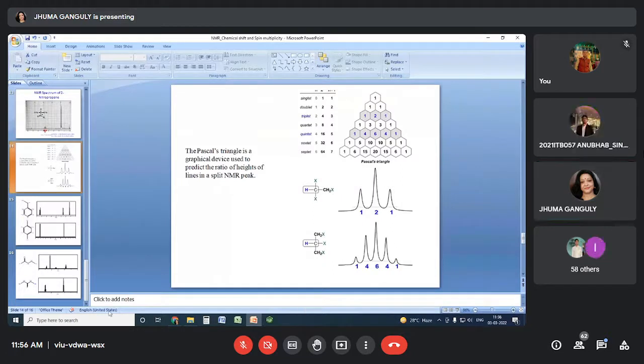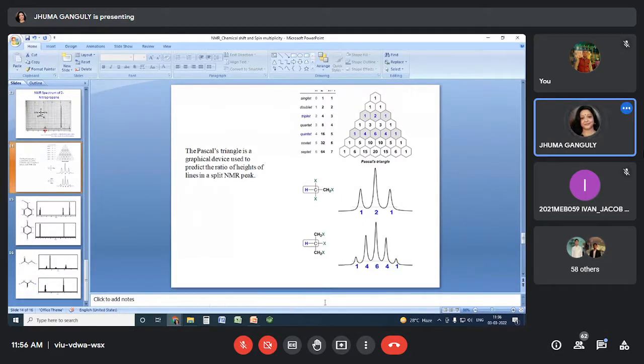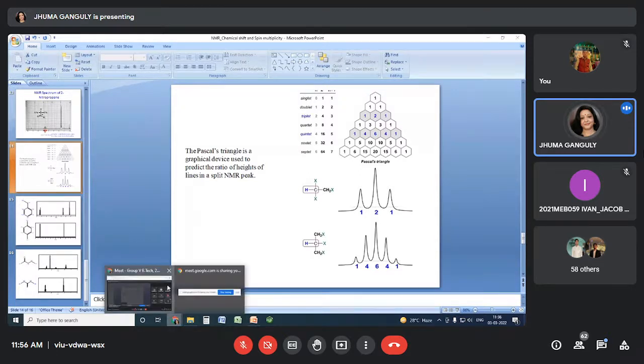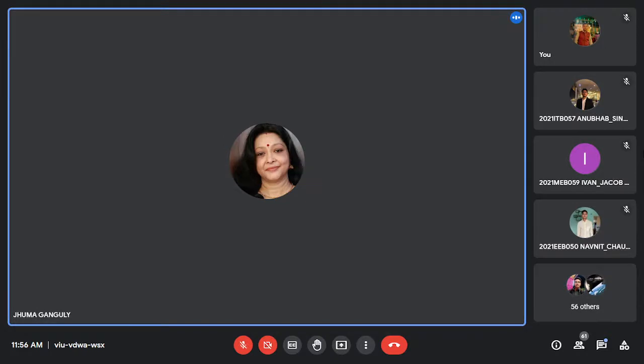Yes, ma'am. So for today, up to this, I will send this to you, and next class we continue this NMR a little bit. Okay, it's a very new concept, but it's very important because you see the advantage for molecular characterization, so neat and clean, and in just a few seconds you can understand.